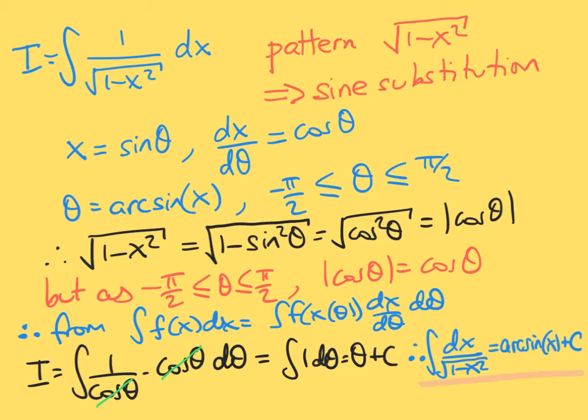So the key message to take away from this slide is if you see a pattern like this, think about the need for a sine substitution and realize that in this change of variables, the angle theta is going to be between minus pi over 2 and pi over 2, and that means the cosine of theta is positive. Okay, let's look at the differentiation on the next slide.